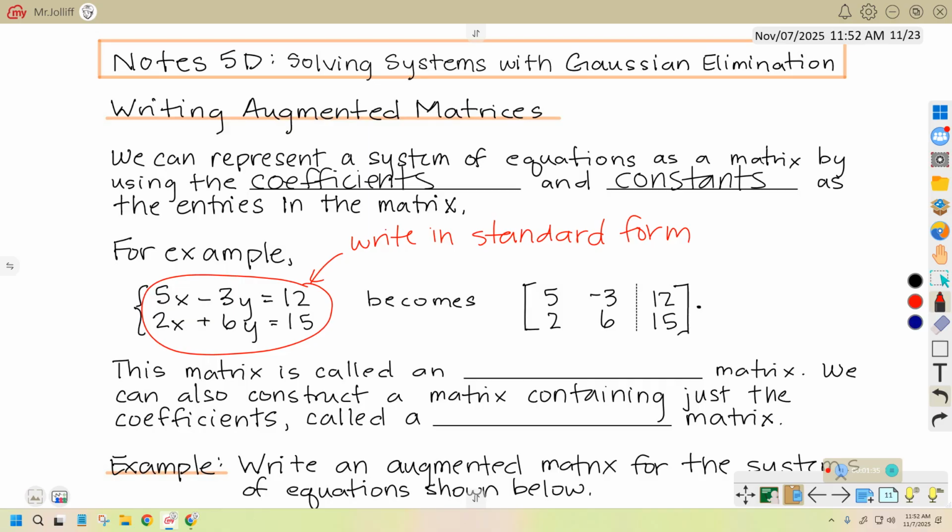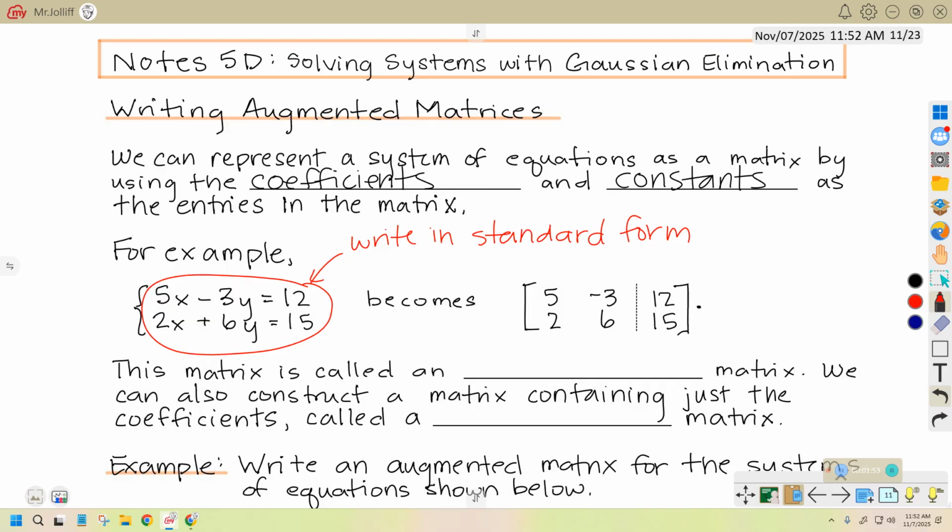In order to convert to a matrix, I want my equations in standard form, all of them. So ax plus by equals c, or ax plus by plus cz equals d. Write them in standard form, stack them one above the other.